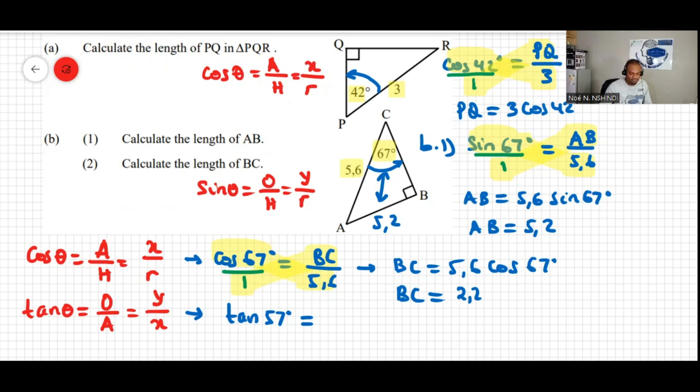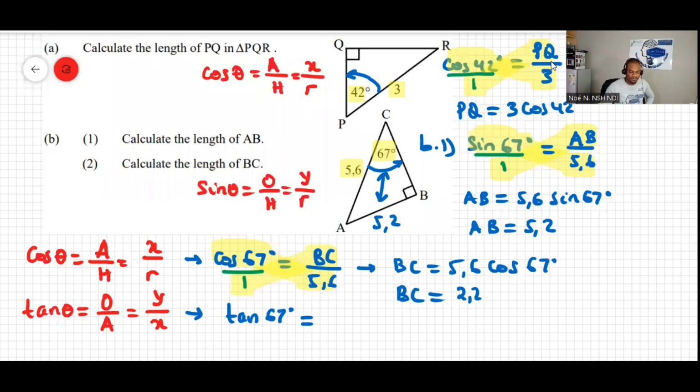I meant 67 degrees here. The opposite side is 5.2, and the hypotenuse is what we're looking for, BC.